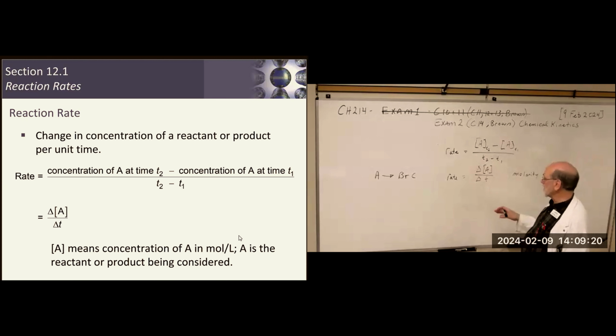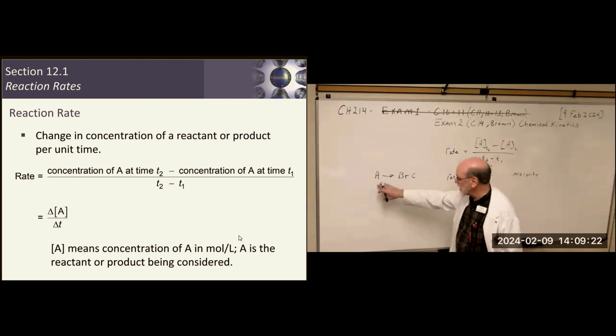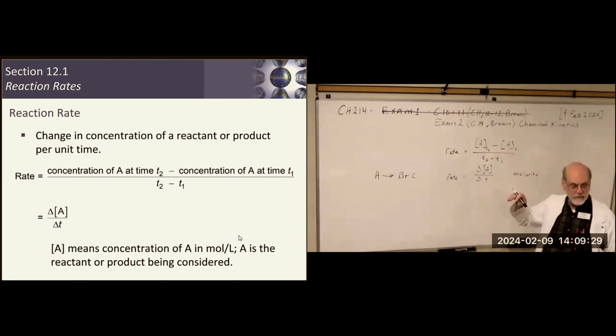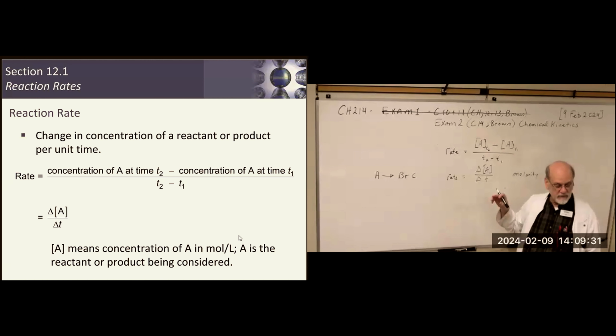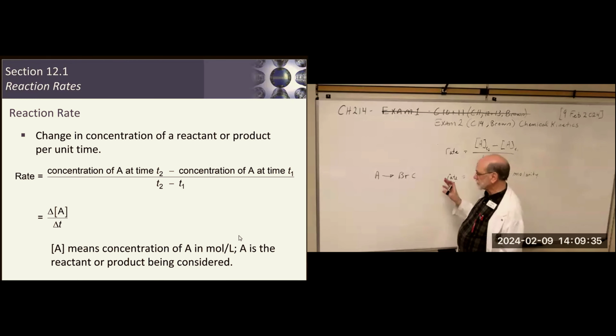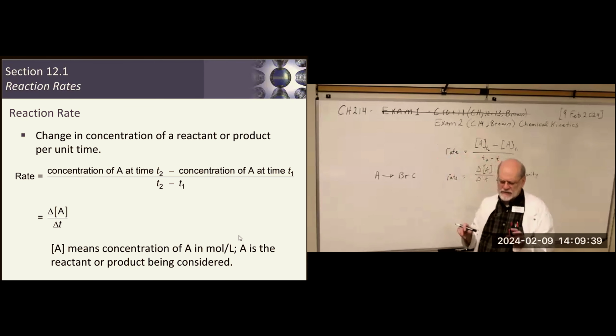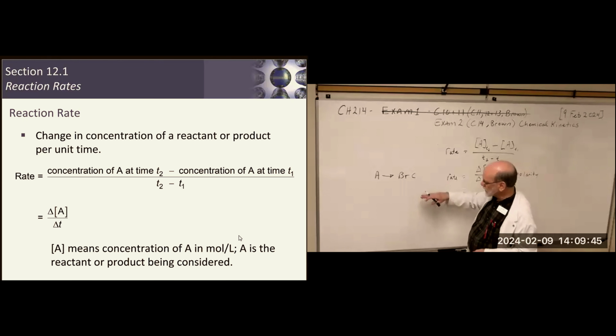Now, technically, you can consider A here, or we could measure the production of B or C and put those in here, and it would still be an expression of the rate of the reaction. We generally want to look at the reaction in one of two ways. We can watch the reaction proceed and measure concentrations over time, which is coming up in the next slide.